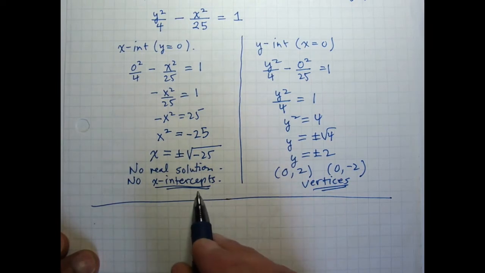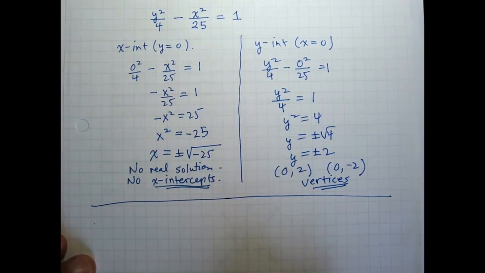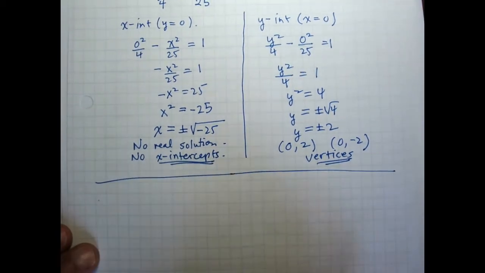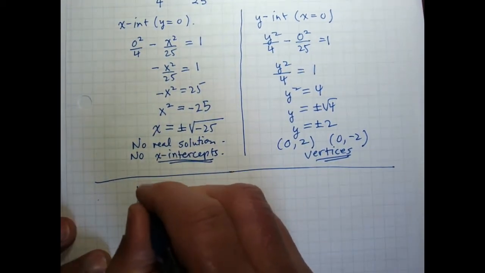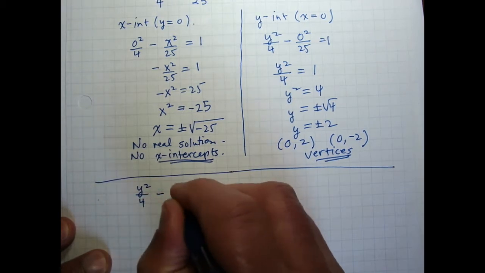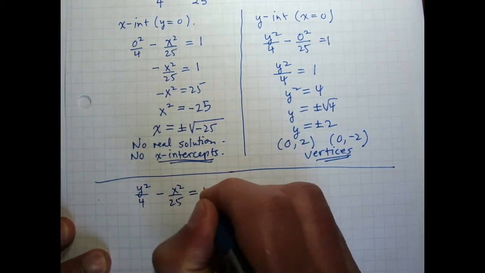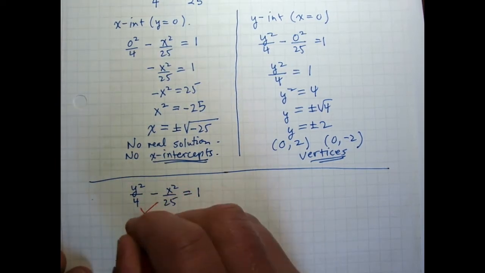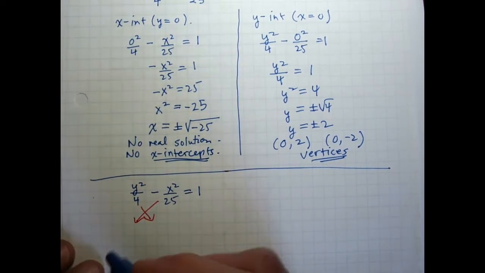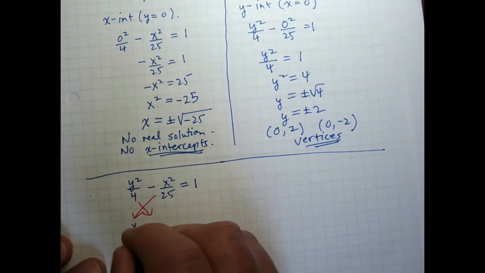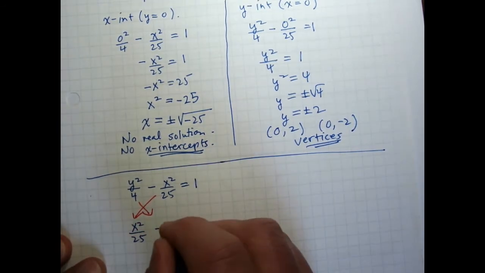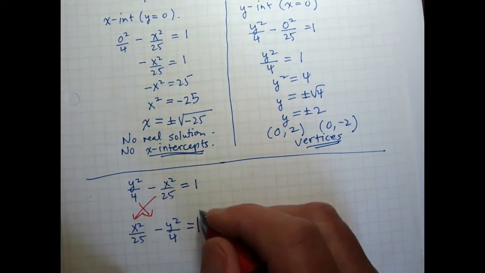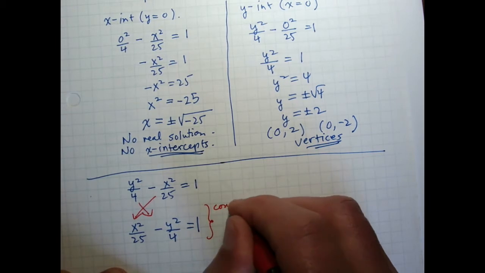Now in order to start with my graph, though, I need those co-vertices. I need those conjugate vertices. So if I take the equation in standard form, and if I change the order of the subtraction, this is called the conjugate hyperbola.